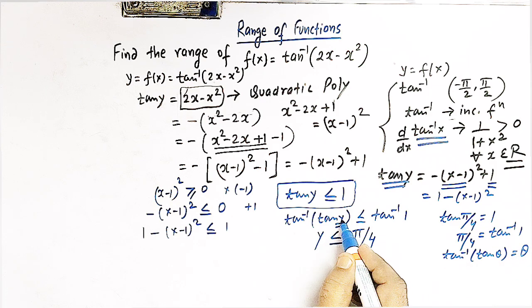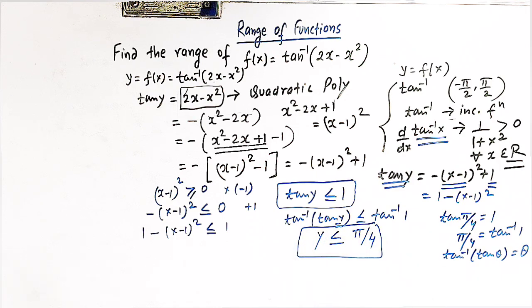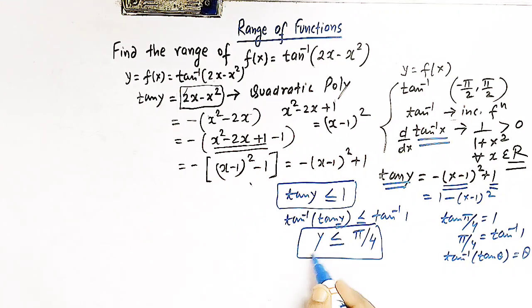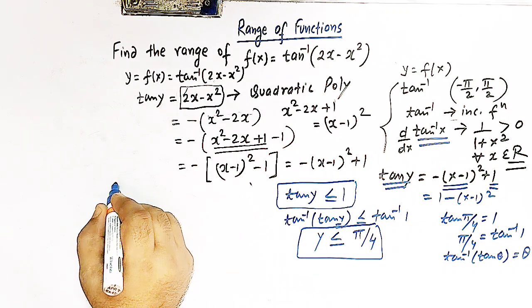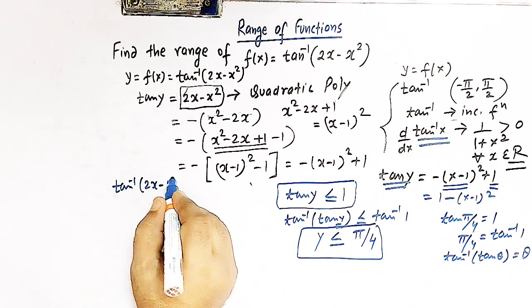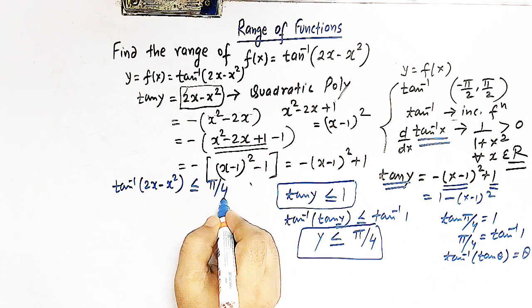So here we have y. So y is less than or equal to pi by 4. So now y is equal to tan inverse (2x minus x square). So we can also write tan inverse (2x minus x square) is less than or equal to pi by 4.